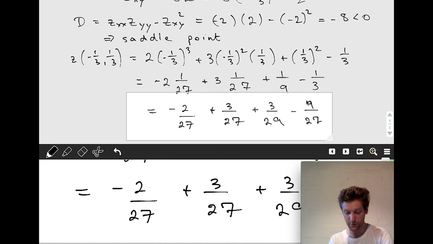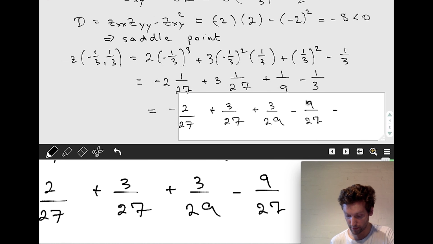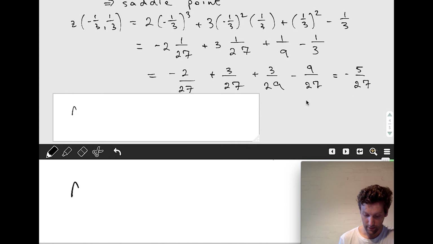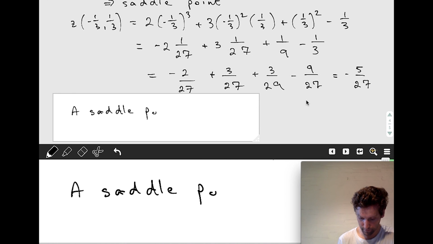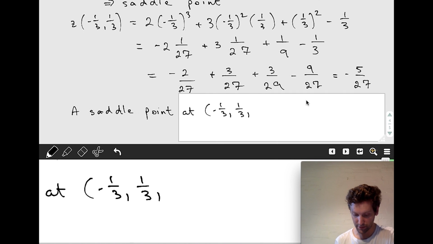So we've got minus 2 plus 3 plus 3 minus 9, which is minus 11 plus 6, which is minus 5/27. So let's summarize that. We found that we have a saddle point at the point x equals minus a third, y equals a third, and z equals minus 5 over 27.